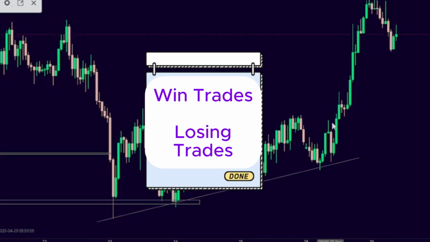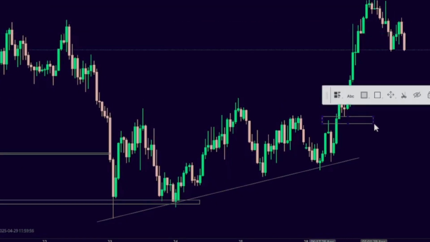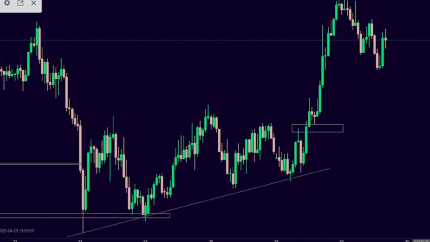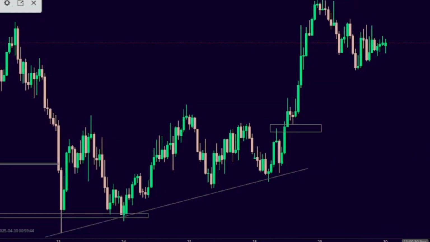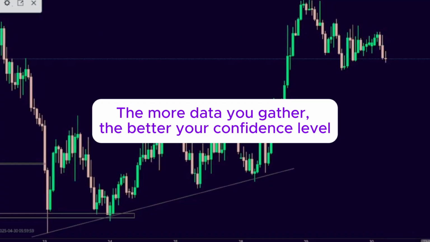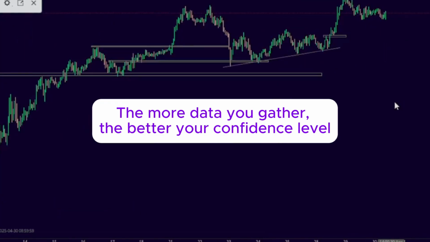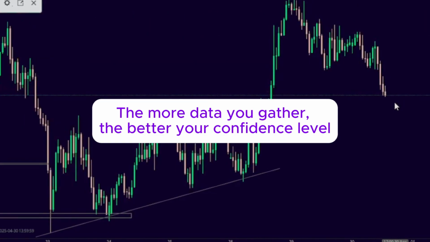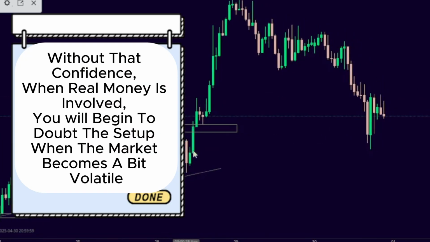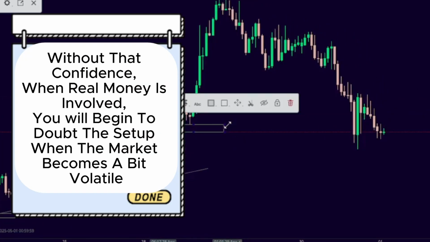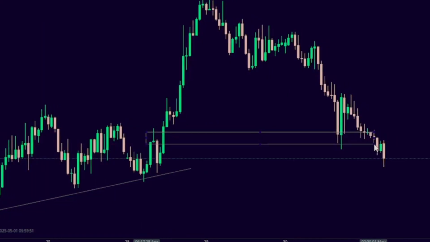So by the end of a specific period, I want to backtest up to, let's say, 2 months, 3 months, 1 year of data, please. The more data you gather, the better for you, the better the confidence level. So let's say I backtest 3 years of historical data from the charts, and I discover that I was having more wins on a particular setup.